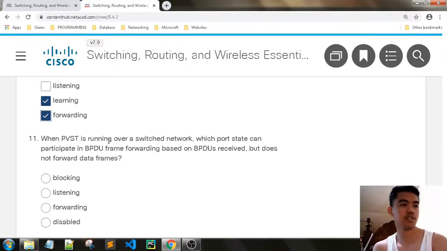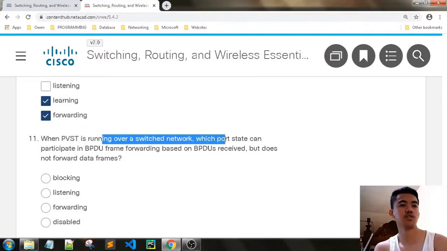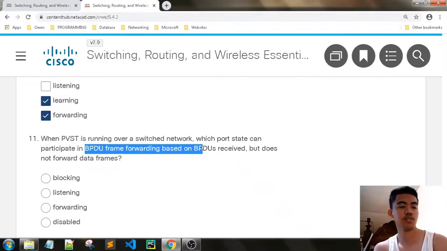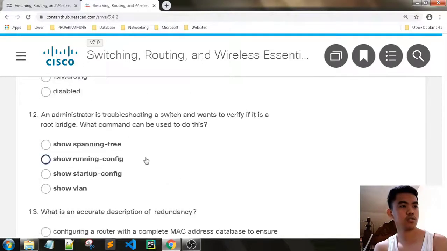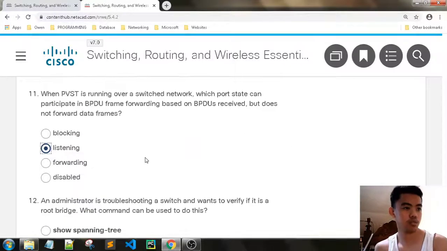When PVST is running over a switch network, which port state can participate in BPDU frame forwarding based on BPDUs received but does not forward data frames? So it can receive but not forward data frames. It would be listening.